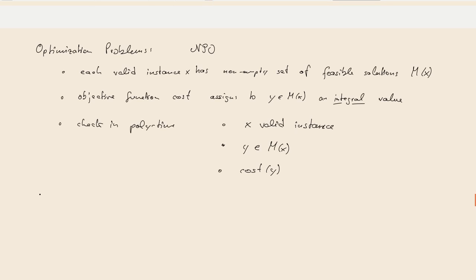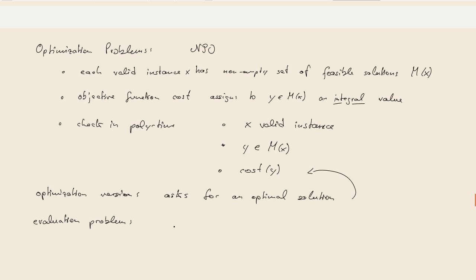Then also remember that we had the optimization version, which asks for an optimal solution, from which we can easily compute also its value. Obvious, I think we called it evaluation problem. We also had the slightly restricted version that only asks for the optimal objective value.